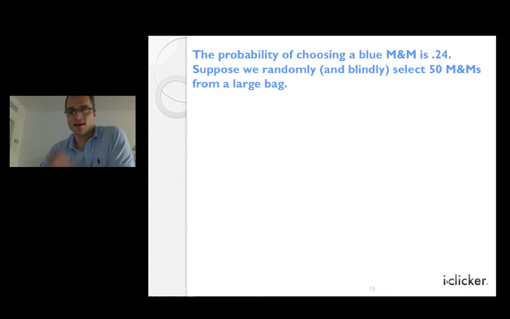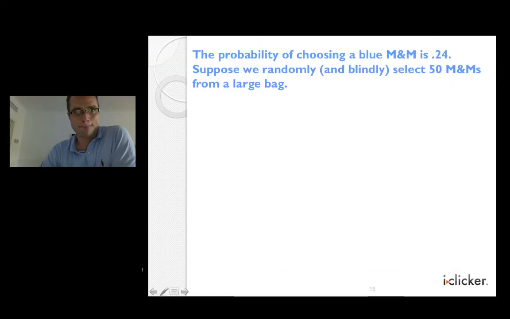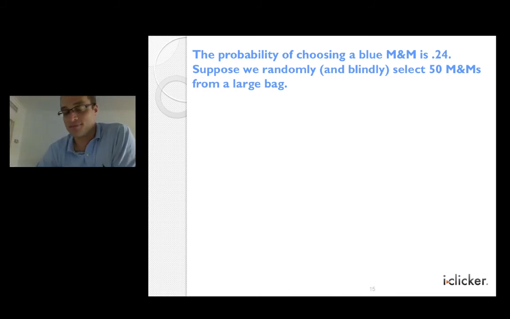Okay, so let's look at this problem here. The probability of choosing a blue M&M is 0.24. We get that from a relative frequency, right? 24% are blue, says Mars. So supposedly we randomly and blindly select 50 M&Ms from a large bag, and we replace them, so we satisfy all the conditions required for the Bernoulli trials.